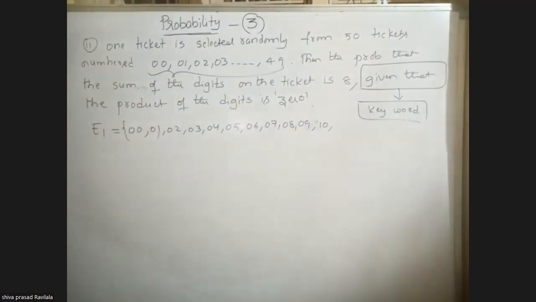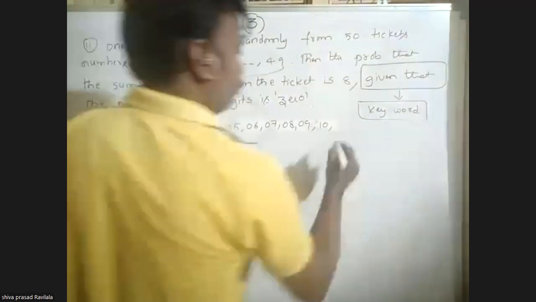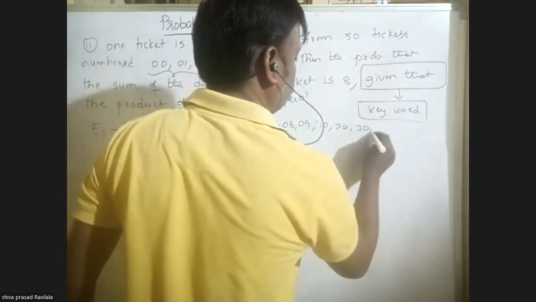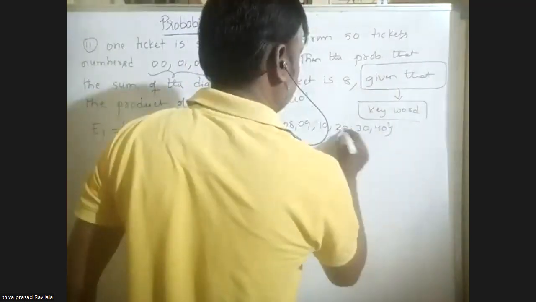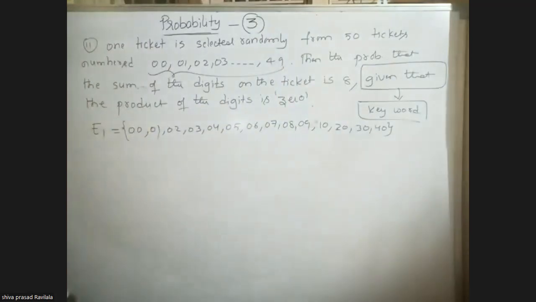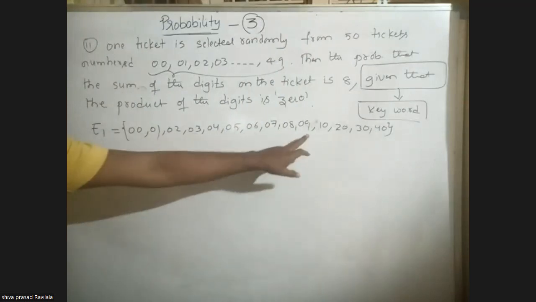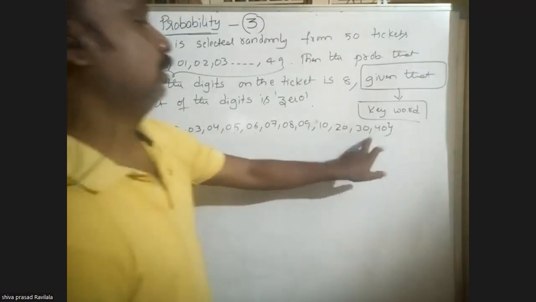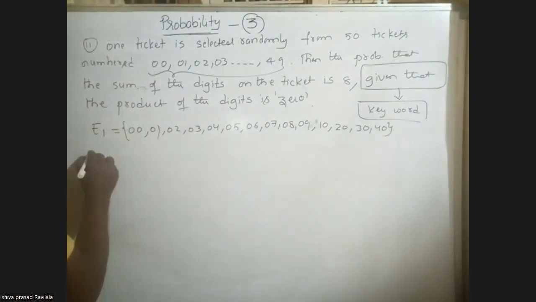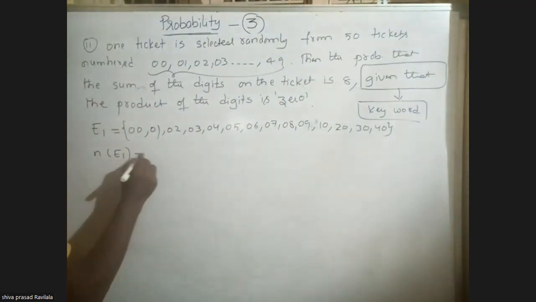What is the next number after 10? 20. Right, good. 30, 40. No 50. N of E1 is equal to how many? Counting 1, 2, 3, 4, 5 up to 10, 11, 12, 13, 14. N of E1 is equal to 14.